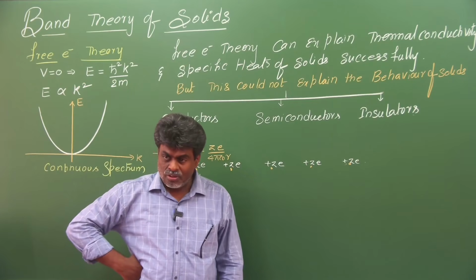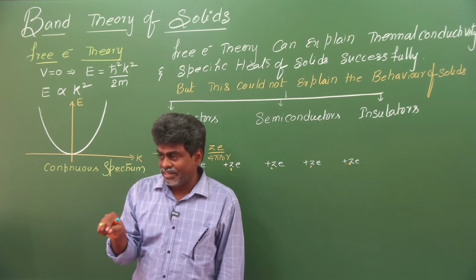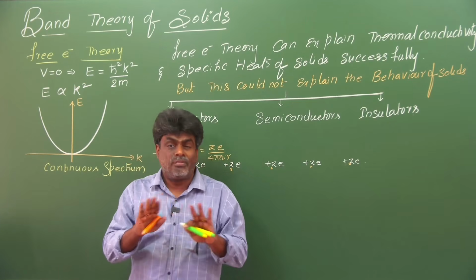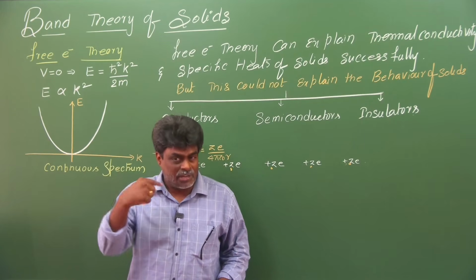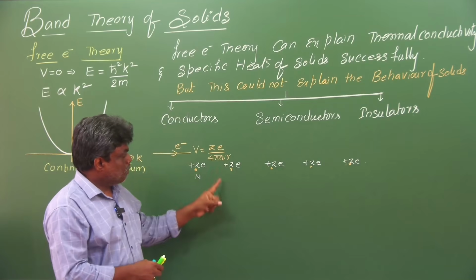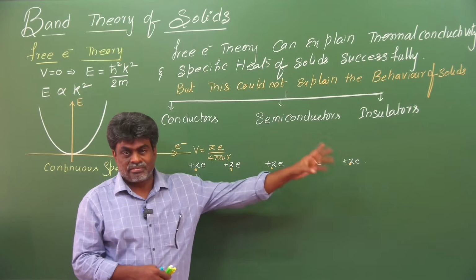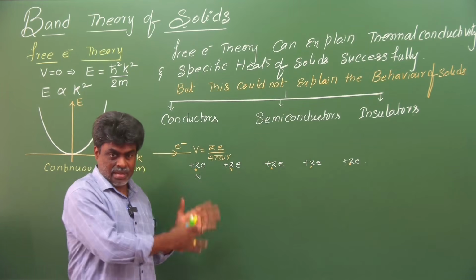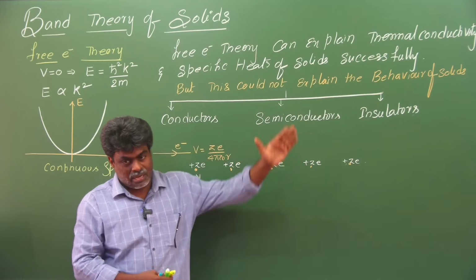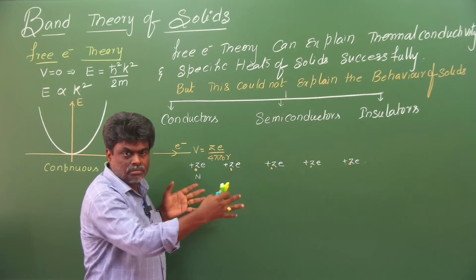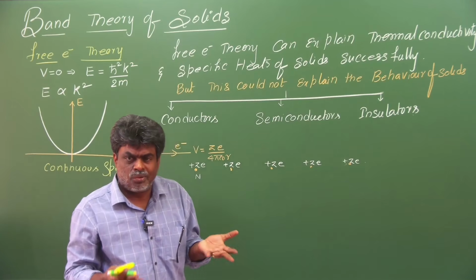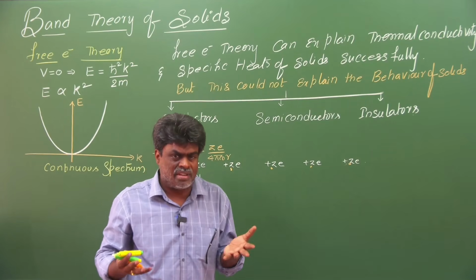So now we are going to treat the electron as not at all free. The electron is moving in the periodic potential. Potential is repeating, observe carefully. Maybe it increases, maybe it decreases, but whatever it is, it is repeating after certain intervals. Sir, why did those intervals come? Your lattice structure has a periodic behavior.